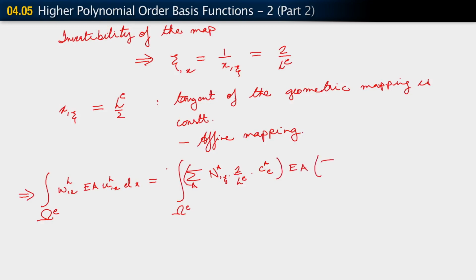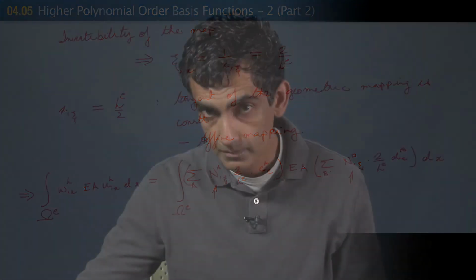And for u^h,x we have the sum over B of N_B,ξ, where ξ,x is once again 2 over h^e, times d_B^e, dx. As in the case of the linear basis functions, we are able to reduce our gradients to gradients in terms of ξ. Therefore, we can express this entire integrand in terms of our coordinate in the parent bi-unit domain, which is ξ.